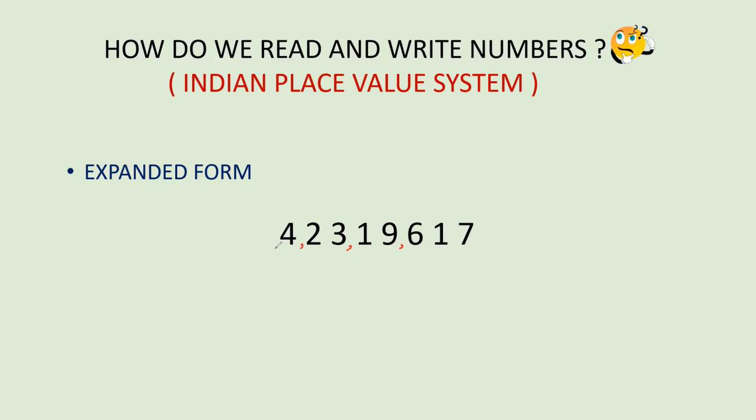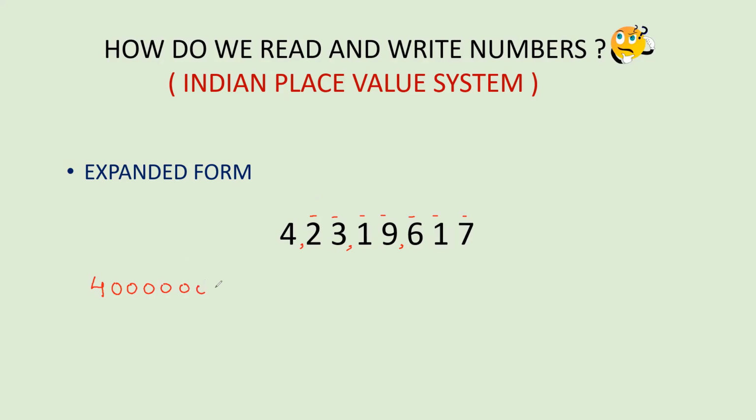Now, how do we write down expanded form? Expanded form basically is wherein we show that 4 crores means 4 with how many zeros? 7 zeros. So we first of all write down 4. Then we count the number of places after that. There are 7 numbers after 4. So we write down 7 zeros.